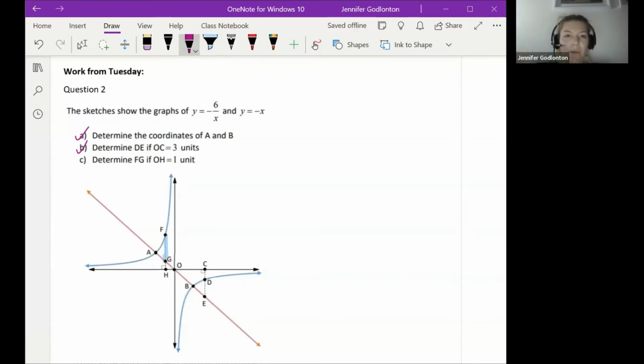I want you to think about what we spoke about on Tuesday. Remember that when they tell us something, that means that we have to use that information. So what are they trying to tell us? How are they trying to help us by saying that OH is equal to 1 unit?